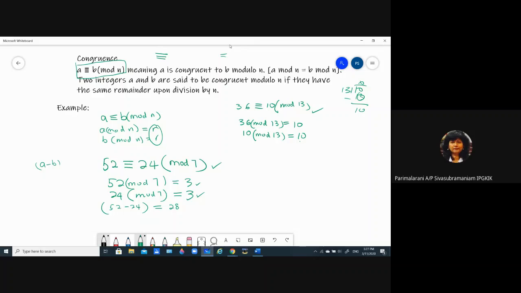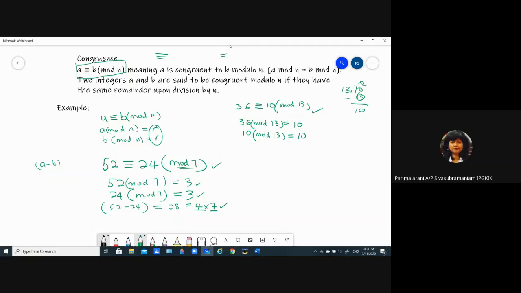So this is 28. And you see, is 28 a multiple of 7? 28 is 4 times 7. Because we're doing mod 7. Yes, it's a multiple of 7, so this is true. So there are two ways of checking whether this is congruent or not.